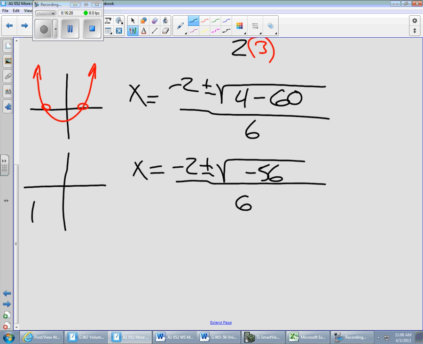But we also said there are situations where the parabola might not cross the x-axis, yet there might still be some values that make the problem work. We don't understand this; it's kind of beyond our mathematical understanding. We believe that solutions ought to be on the x-axis. That's what our understanding tells us.